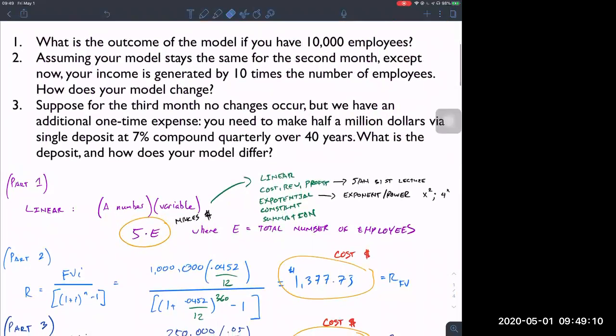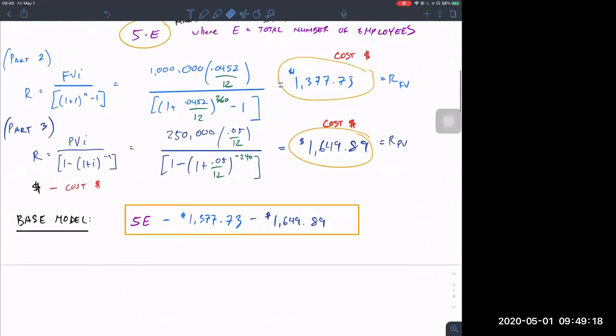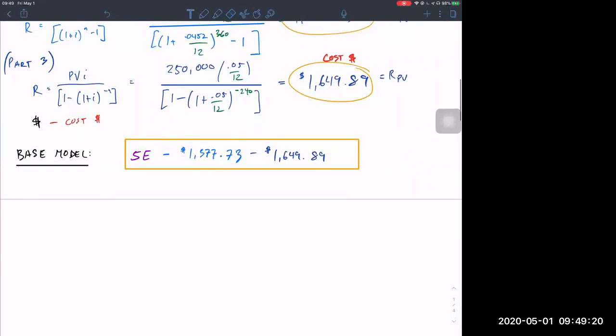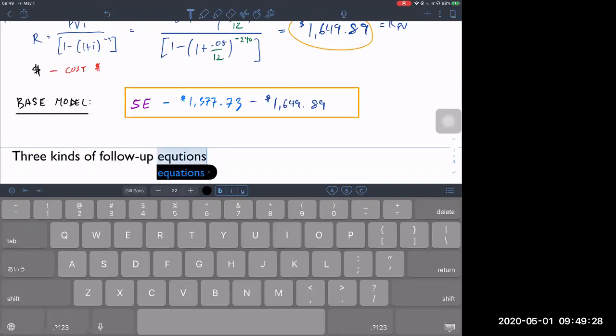If you read number 1, it says, what is the outcome of the model if you have 10,000 employees? So they're telling you have 10,000 employees. Let me write this out again. You got 3 kinds of questions. They are calculating, manipulating, and theoretical.